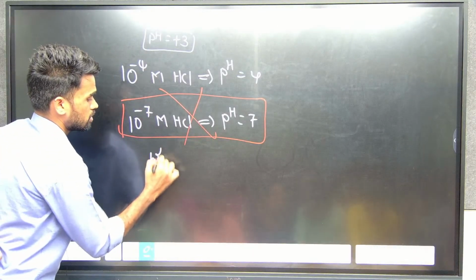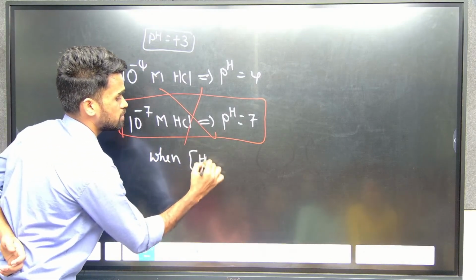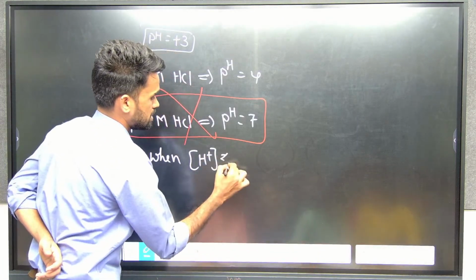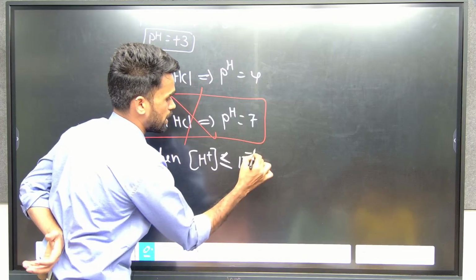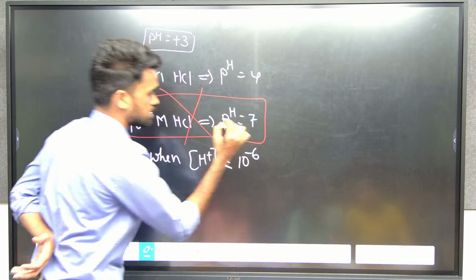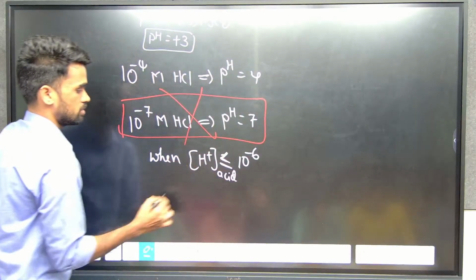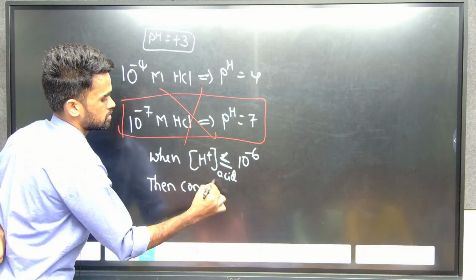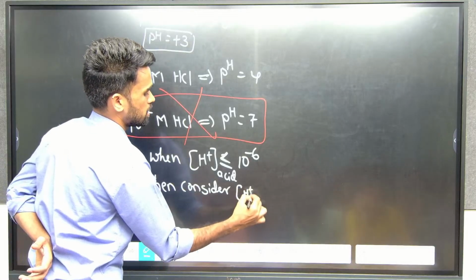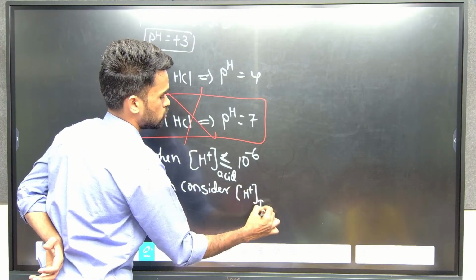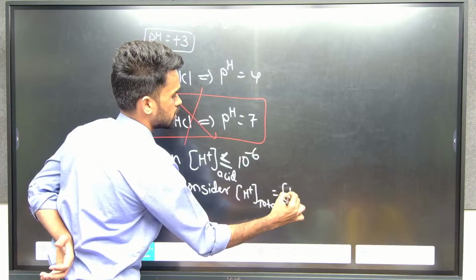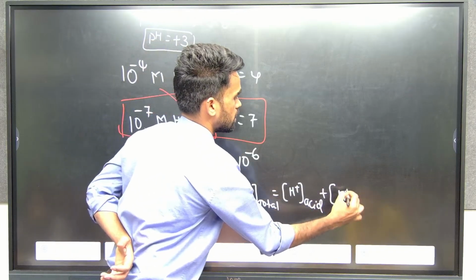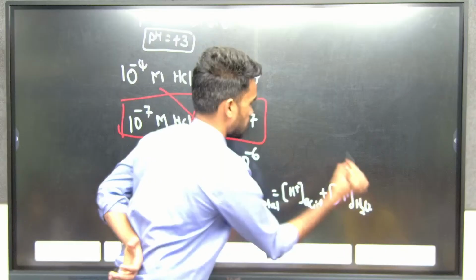So when the concentration of H plus is less than or equal to 10 power minus 6, then consider the total concentration of H plus as H plus ion from acid plus concentration of H plus ion from water.